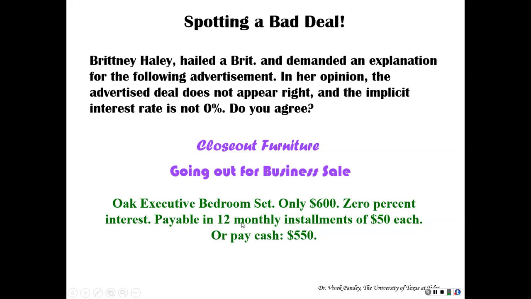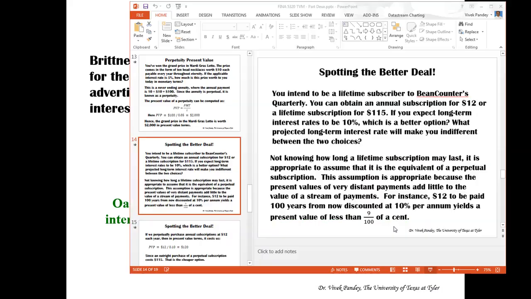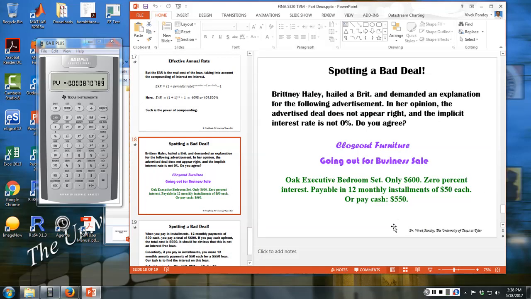But let's figure out what the interest rate on this deal is. It's not going to be that hard once you realize that $550 is the present value of 12 monthly payments of $50 each. So something that's worth $550, if you take it on installments, then it's going to be $50.